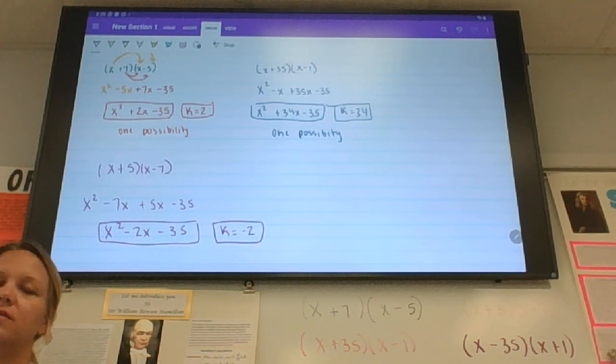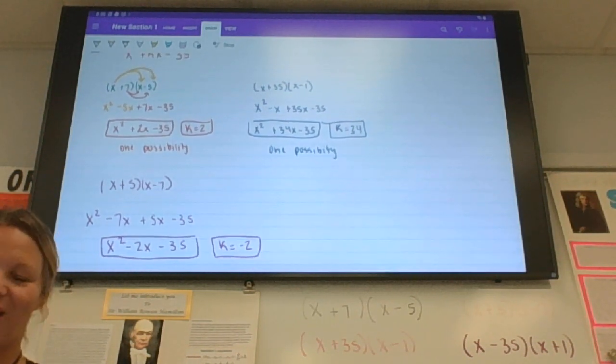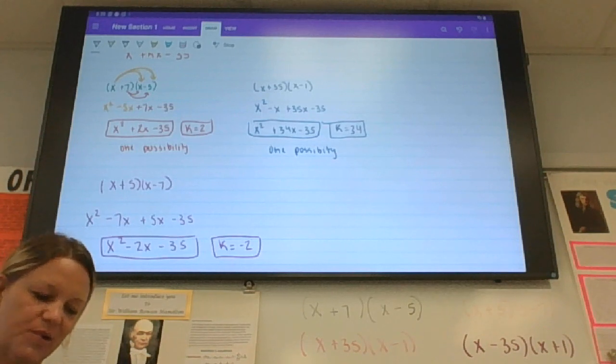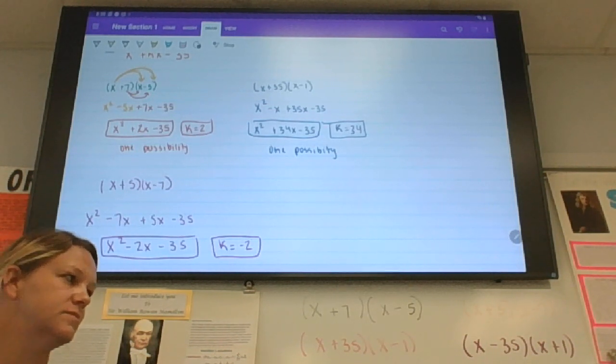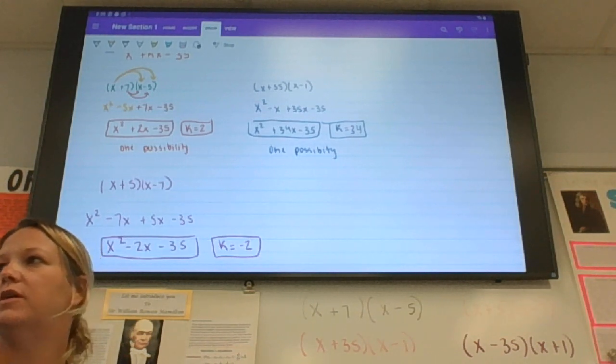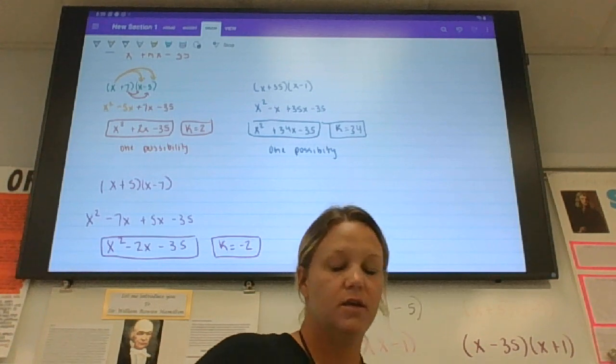Alright, another possibility, k could be -2. Or it could be. Wait, it's already -2. Oh no, wait. No. Alright, so then it'll be -34. The fourth one. Spoiler alert, the fourth one is -34, so we'll just add those together.